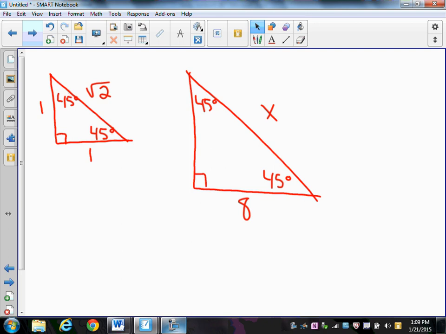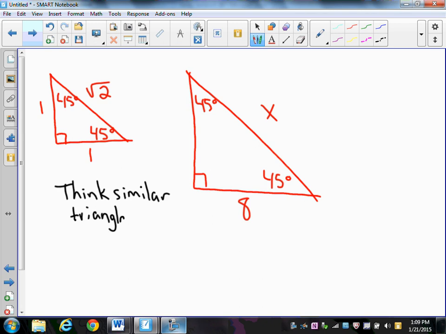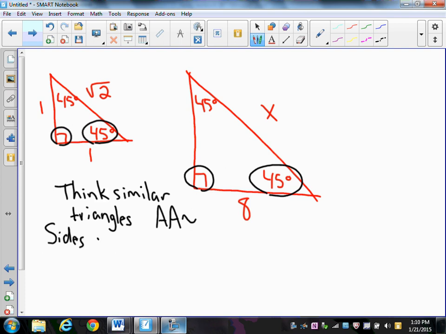So our strategy before, whenever we did similar triangles, so think similar triangles. By the way, these are similar triangles because of angle-angle similarity. We have two angles that are the same, 90 and 45, 90 and 45. So we also know that the sides have to be in proportion.